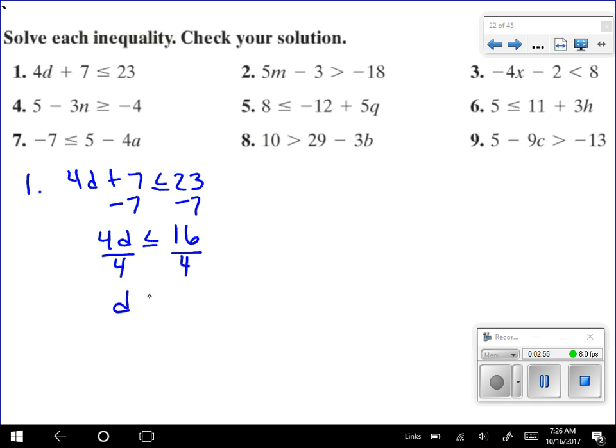So d is less than or equal to 4. Remember, after we graph this, we could pick a number that is less than or equal to 4, and plug it in to check to see if it's right. So if I graph this, 4 goes in the middle, and I have a few going each way. Do I have an open or closed circle? I'm going to have a closed circle, and it's going to be shaded to the left.